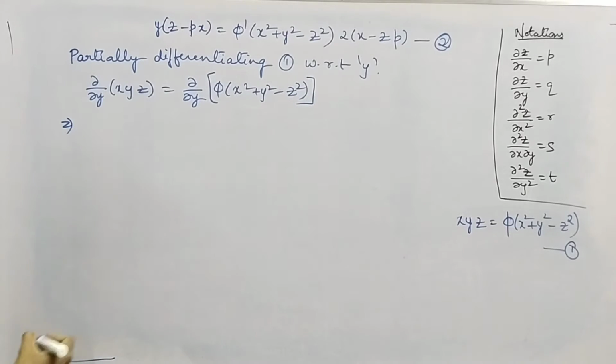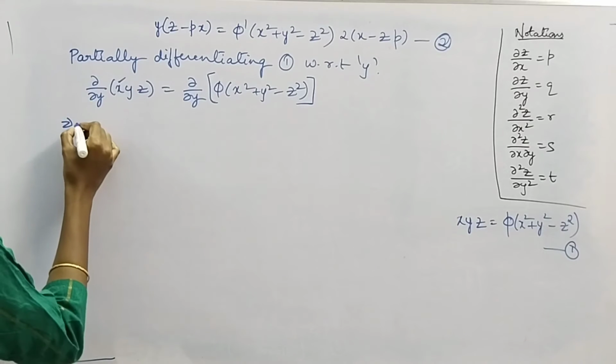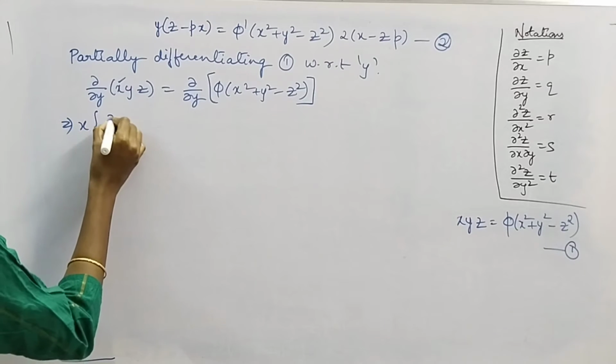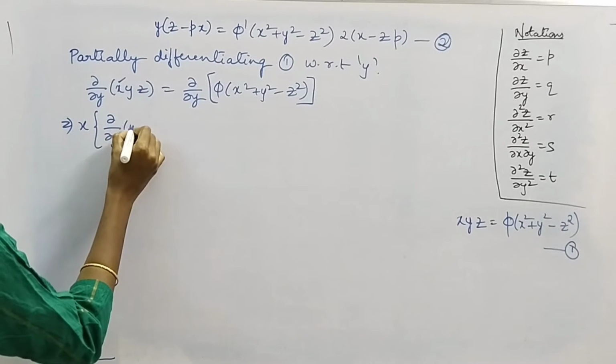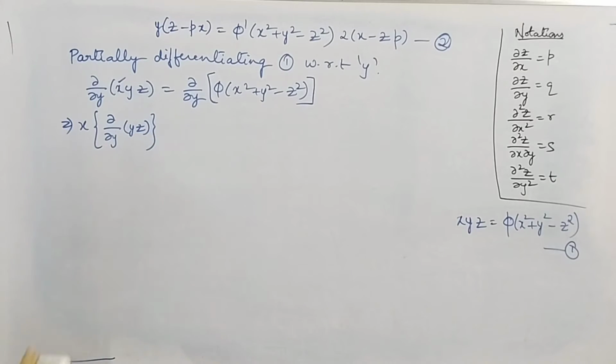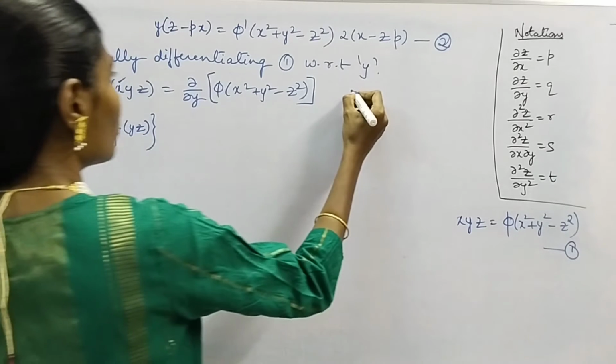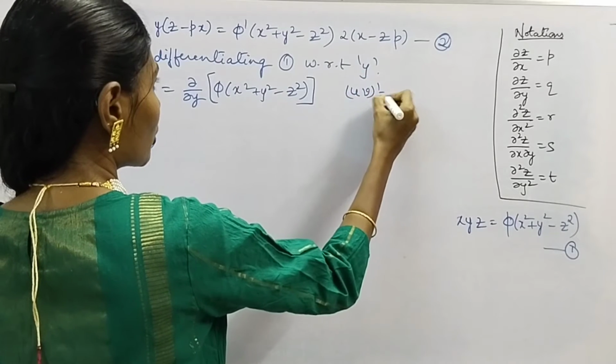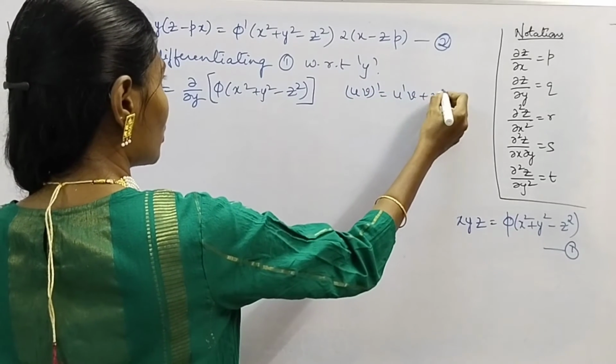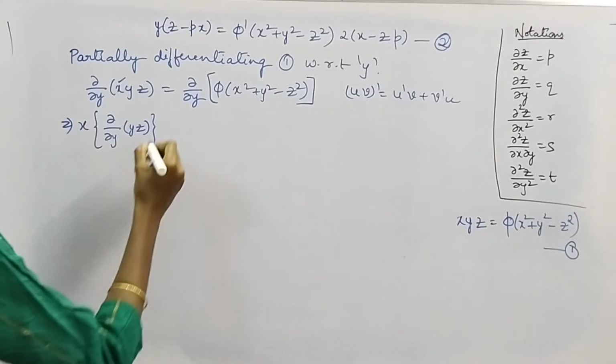This gives us, here x is constant, right? So we'll write it as x into the partial derivative of uv. Again we are going to apply the uv whole dash formula. Uv whole dash equal to u dash v plus v dash u, right?